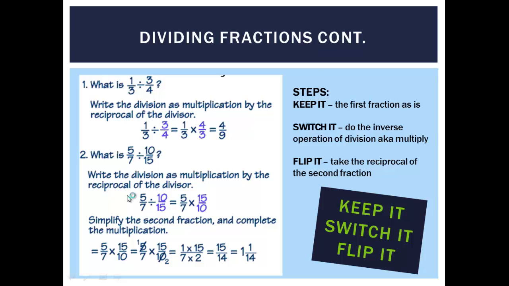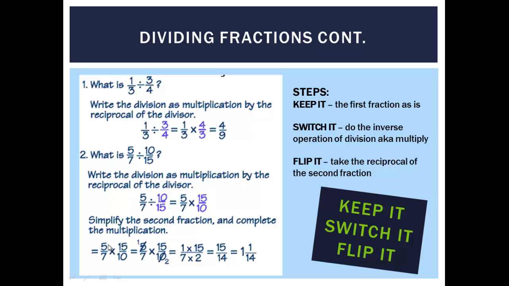Now if we have 5/7 divided by 10/15, we're going to write the division as multiplication by the reciprocal. So again, 5/7 divided by 10/15 becomes 5/7 times, because we took the inverse operation and we're taking the reciprocal, 15/10. Now that we have this, we look and we say, you know what, this numerator's got 5 and this denominator's a 10. I have a common factor here of 5.